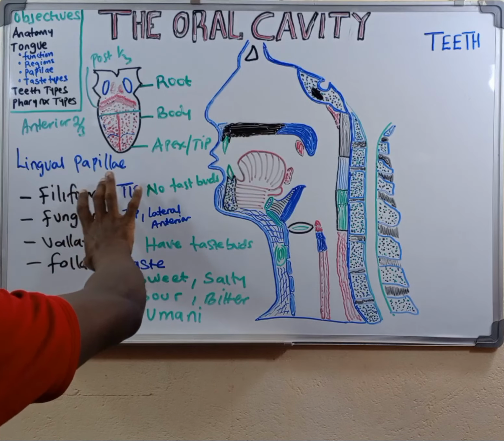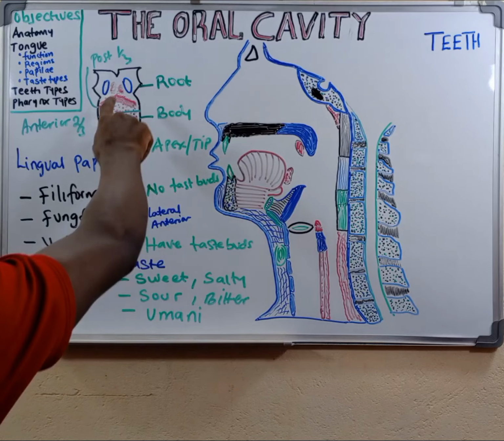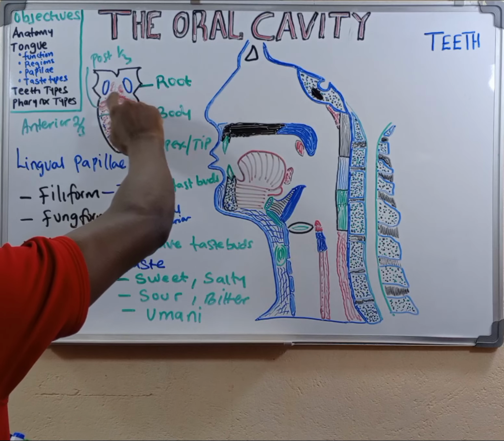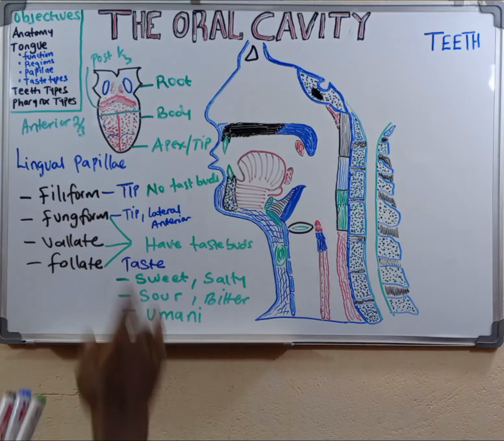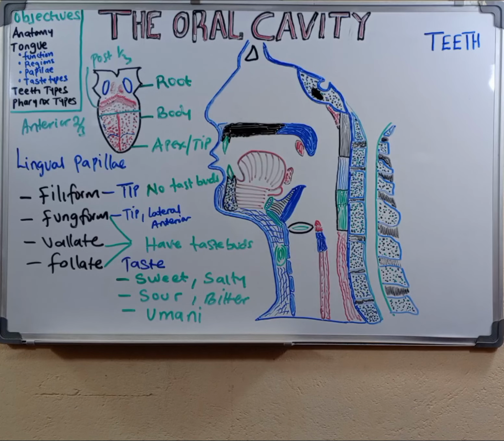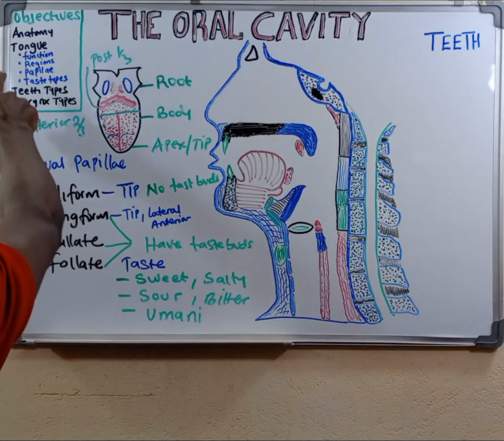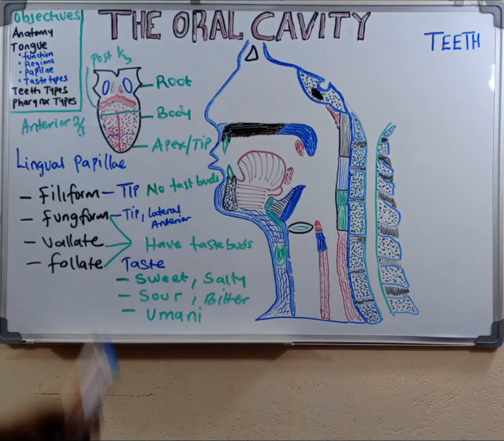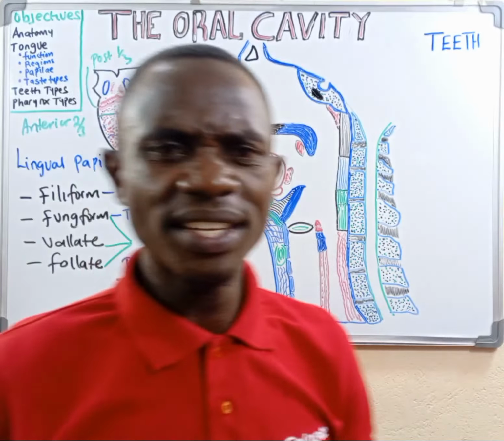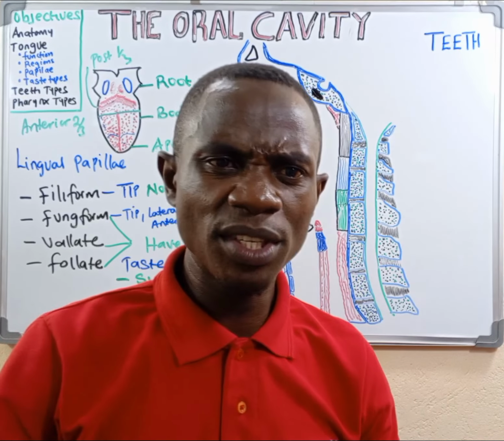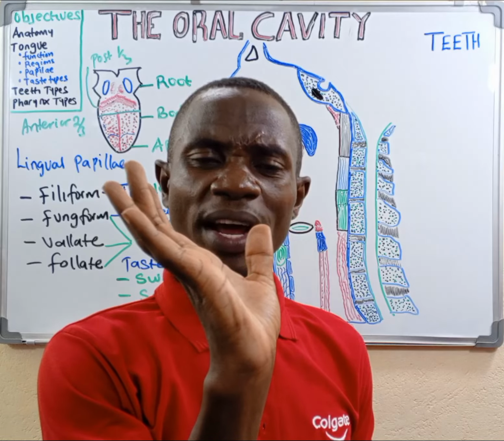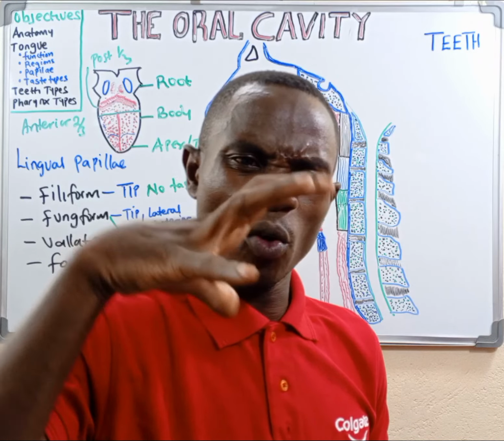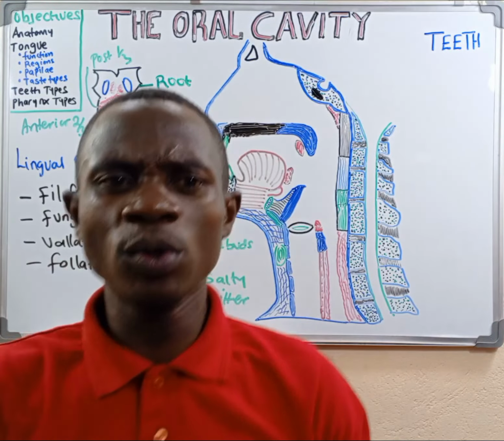Having looked at the anatomy of the tongue, at the base of the tongue we're going to have the lingual tonsils, and also the palatine tonsils. So this briefly covers the tongue, and then when we talk about the functions, the tongue is a muscular organ that helps in the swallowing process. It compresses the food against the hard palate, and in that compression, it propels it back.